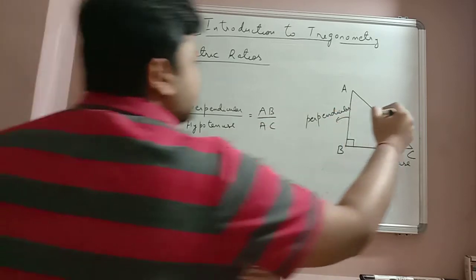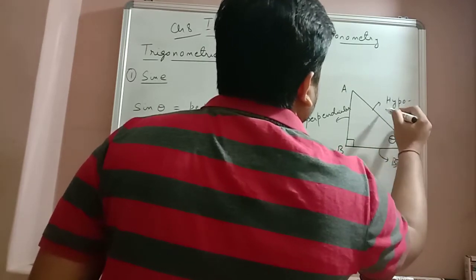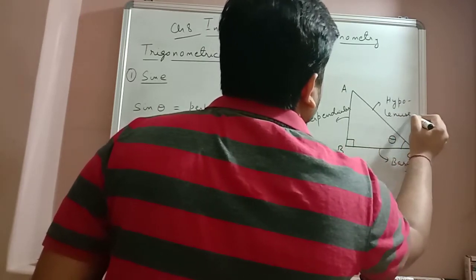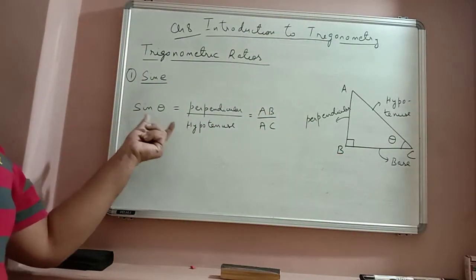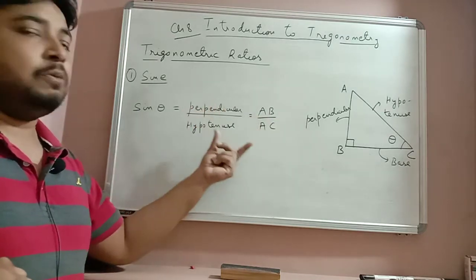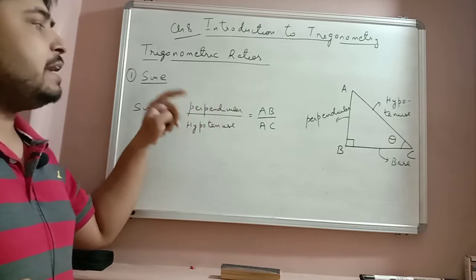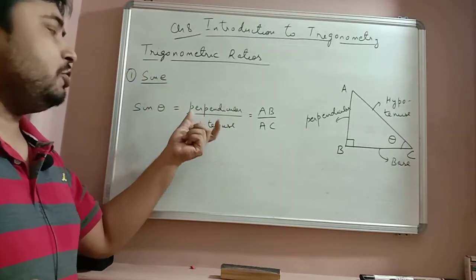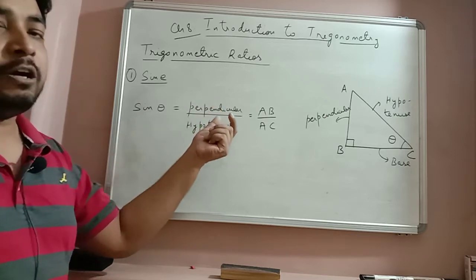Hypotenuse is AC. So sin theta will be given by AB by AC, that is perpendicular upon hypotenuse. Now don't worry about this perpendicular upon hypotenuse. I'll let you know a short trick to remember the ratio.